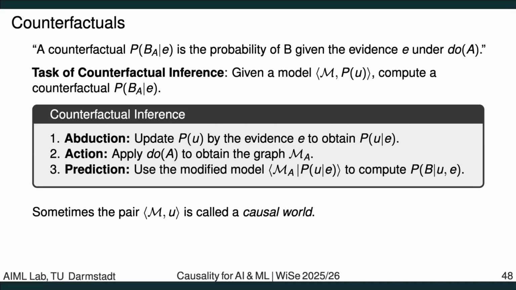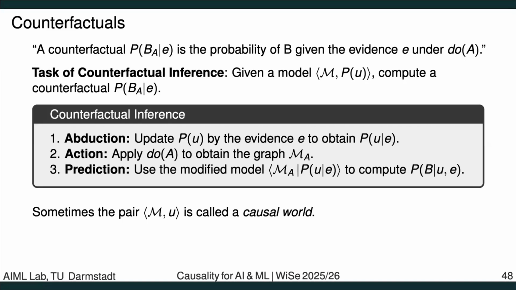Basically, the task is, given a model, given some distribution, so this is your structural causal model, and just because we will modify this, we note the exogenous distribution outside. We want to compute a counterfactual P of E_A given E.